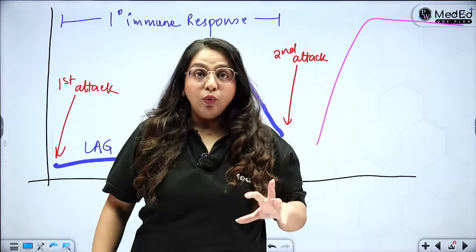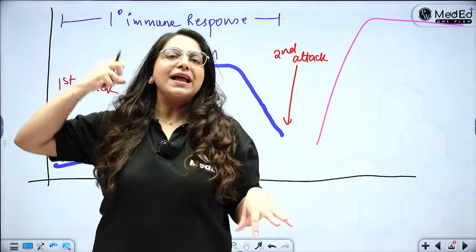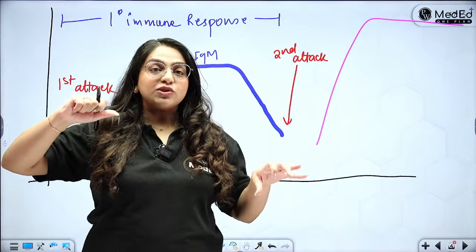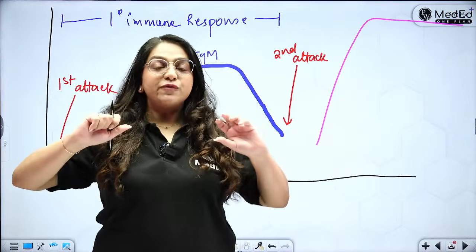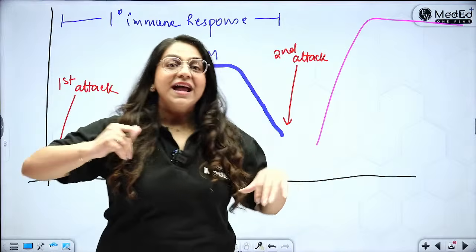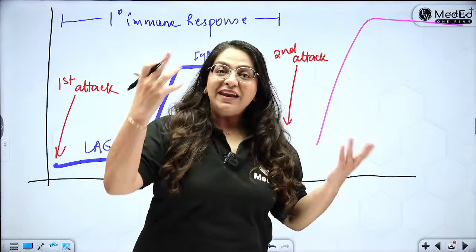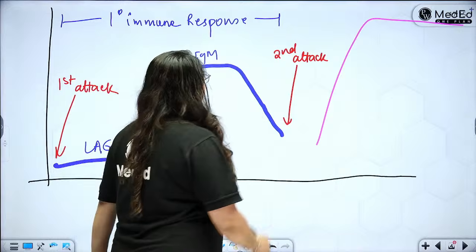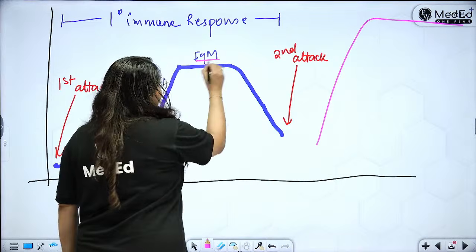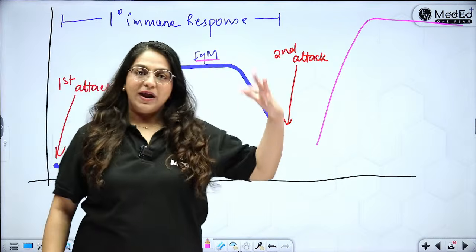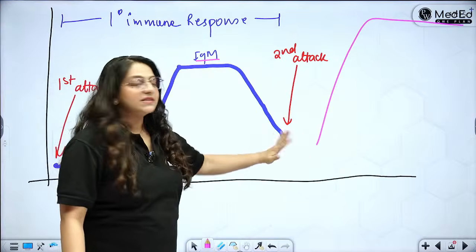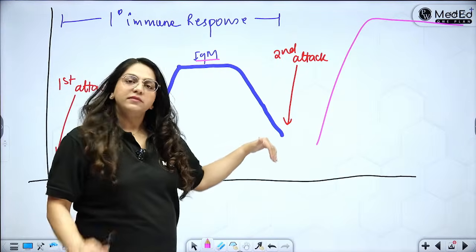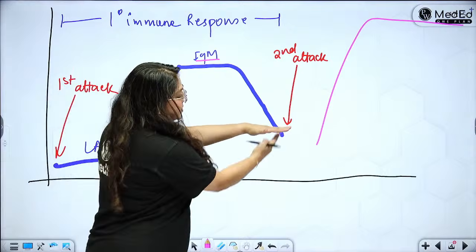So now, whatever residual anger you have, the first response is going to be with that, right? So the first slap is always going to be lighter and then the subsequent slaps are going to be very, very strong. So that is what happens. At this point of time, these antibodies which were circulating in my blood, they had not come down to zero. They had fallen for sure, but they were still above zero.